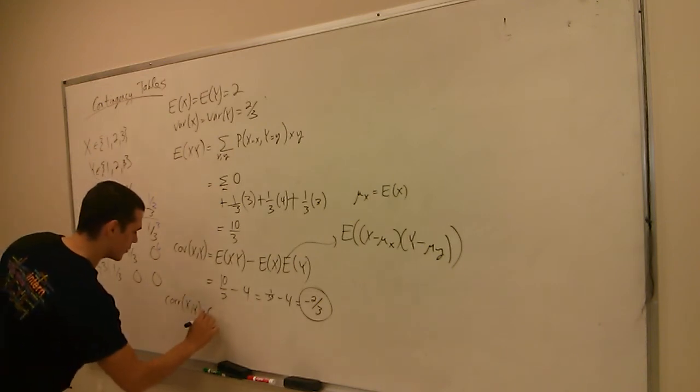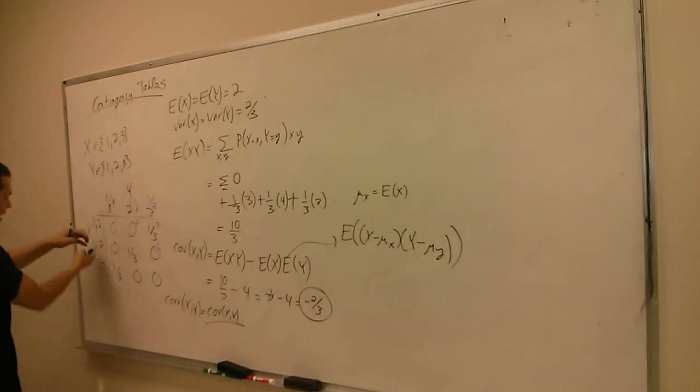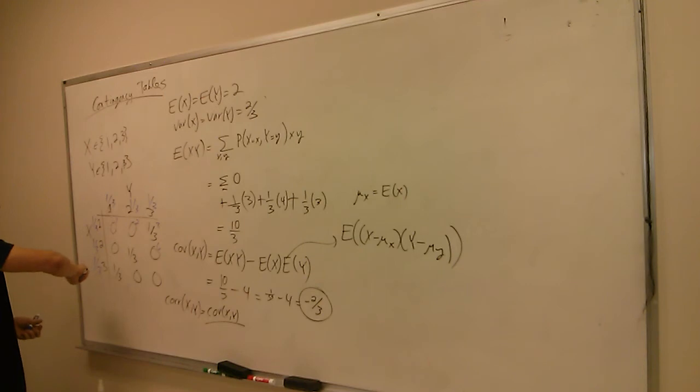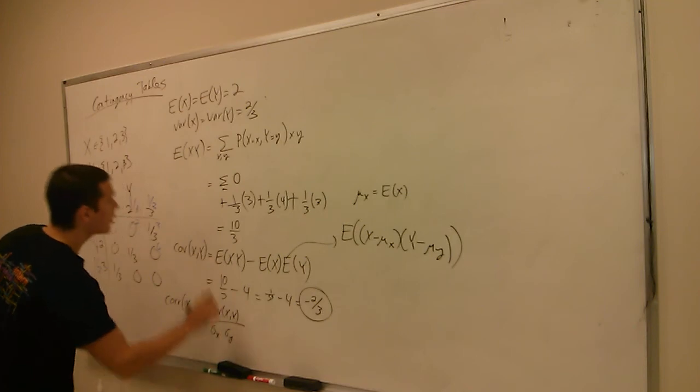So this is just covariance of x, y, divided by how much x varies times how much y varies. So this is the slope of the line relating x and y divided by how wide x is and how wide y is. So sigma x, sigma y.